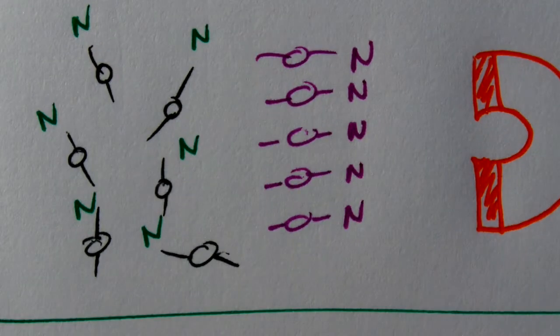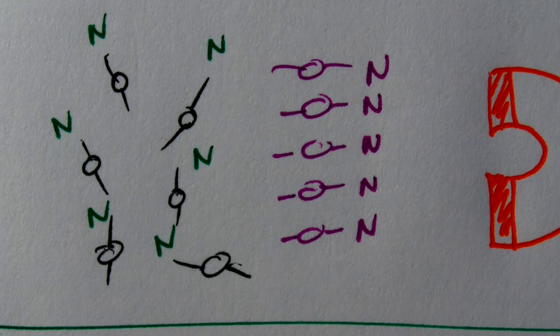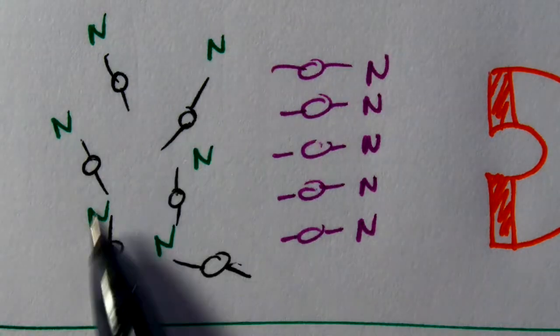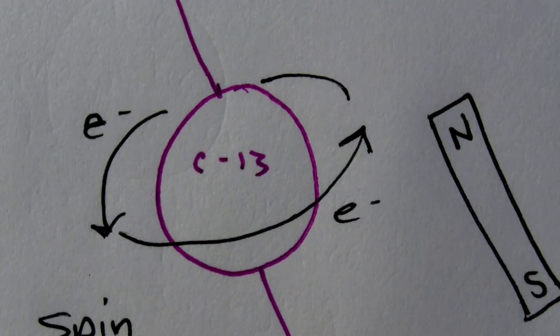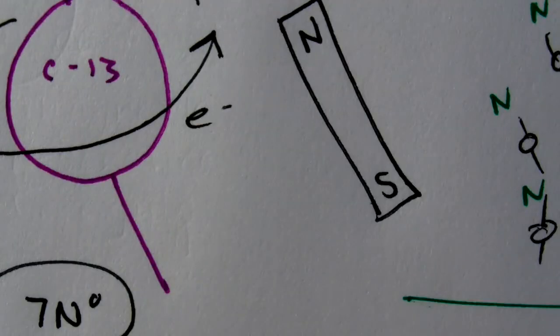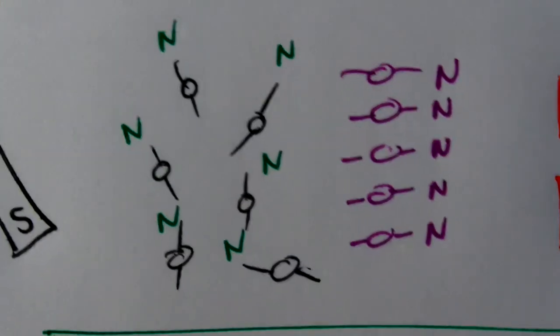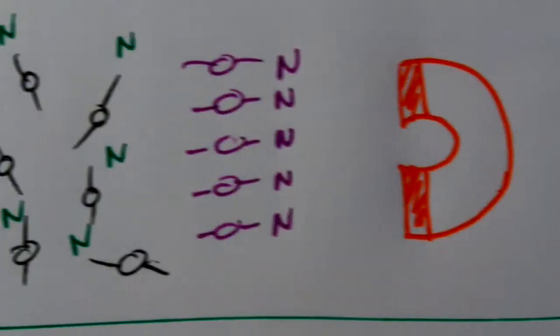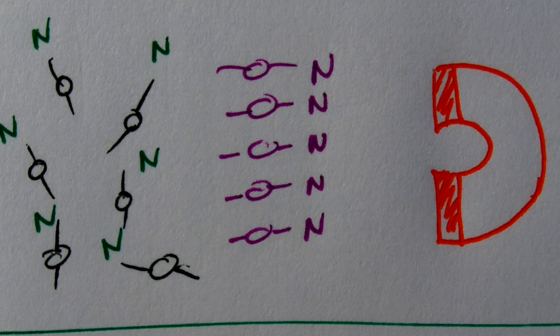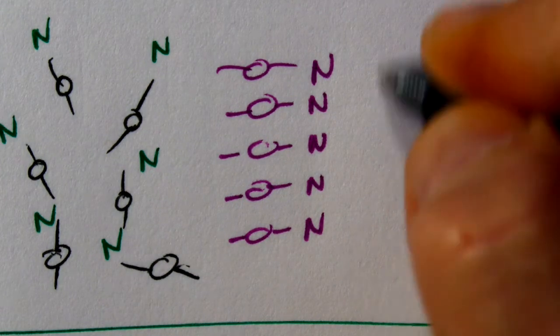Now we're getting close to this idea of magnetic resonance. Let's remember this. Nuclear, these are carbon-13, magnetic because they have this electron spin, and so they produce a magnetic field. Where's the resonance? Okay, what happens is when we produce this large magnetic field, then we turn it off.